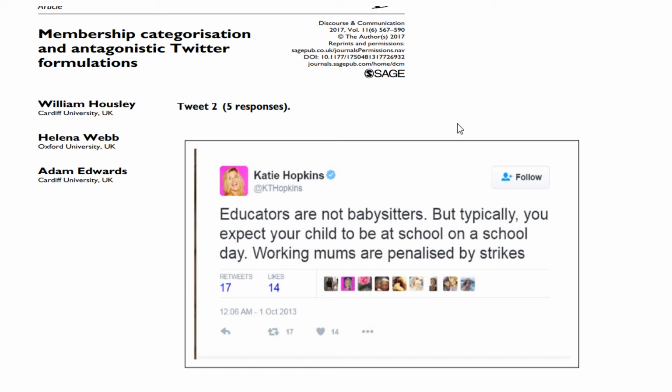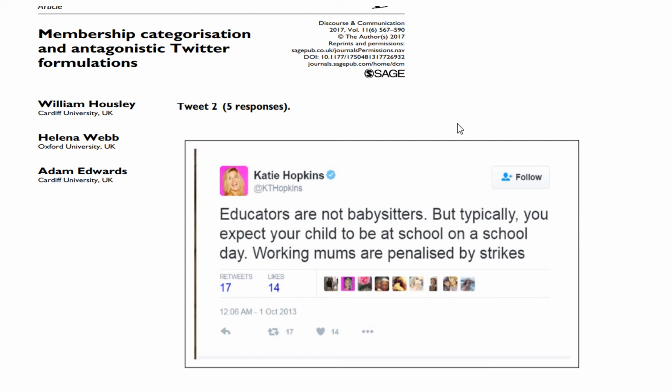The tweets are analyzed as category formulations, which deploy specific and recurring membership categories and features that can be understood as being particularly antagonistic. For example, in this tweet that we see on the screen about the teachers' strike, we can see explicit categories such as educators, babysitters, child, and working moms.